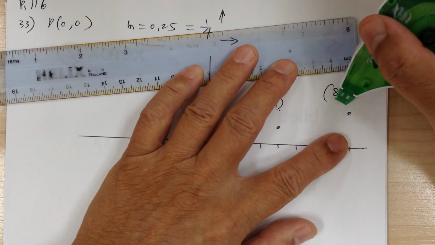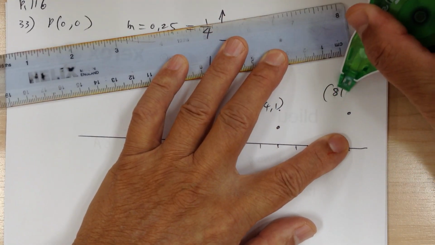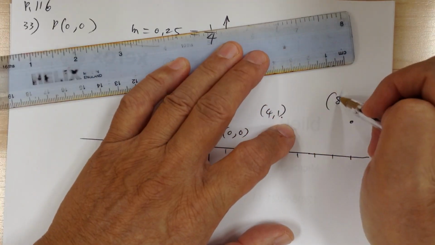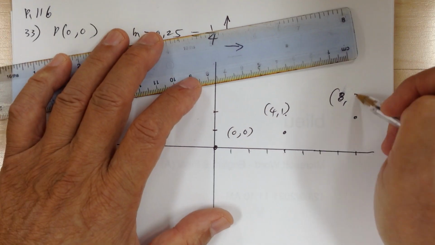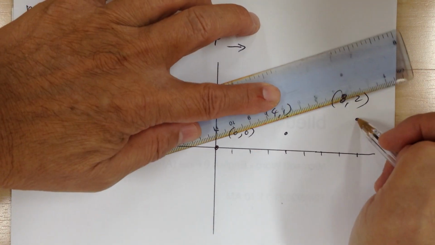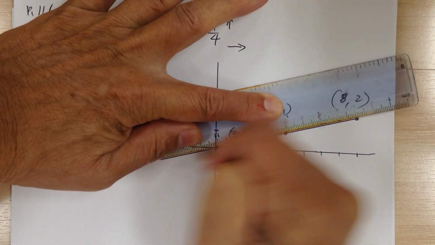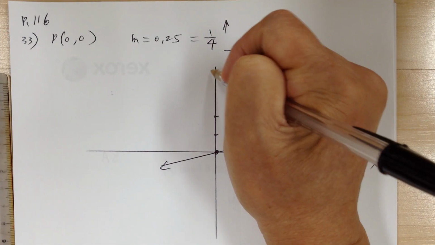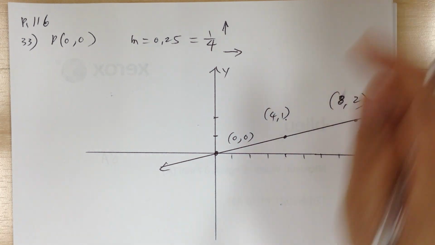Now this is a lot easier if you do it on graph paper. On graph paper, you can just count the squares. And again, you connect that. So that's the x, this is the y.